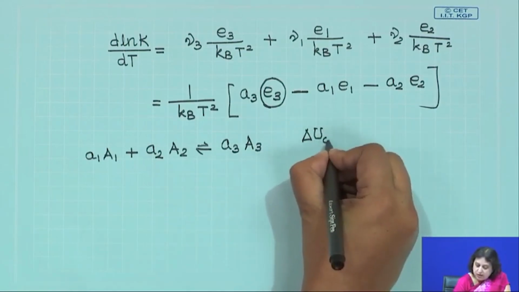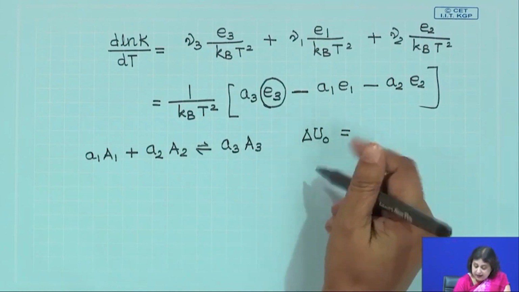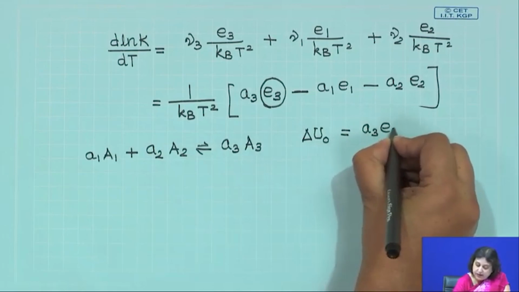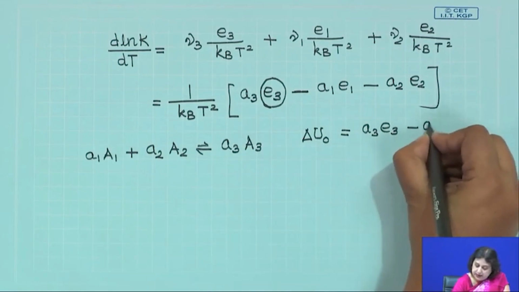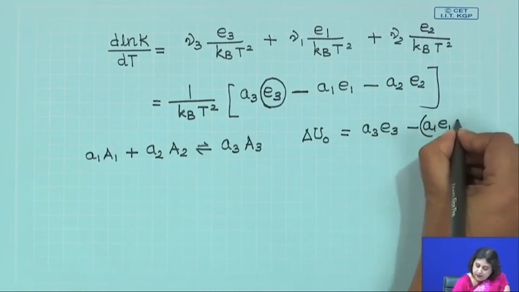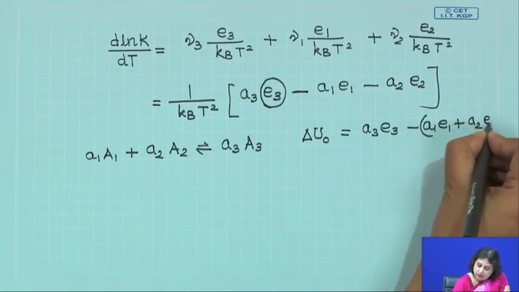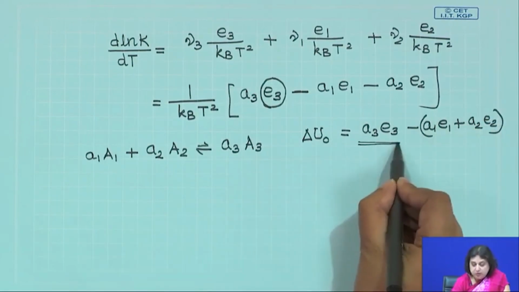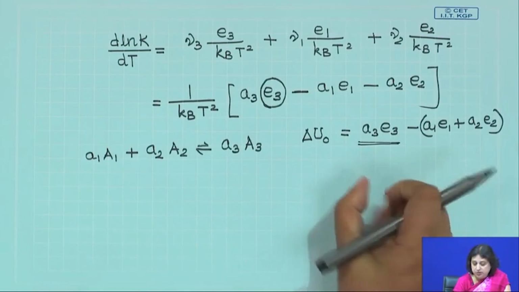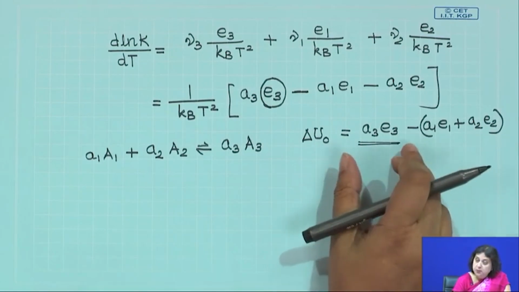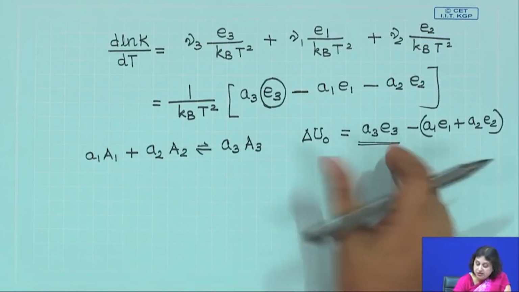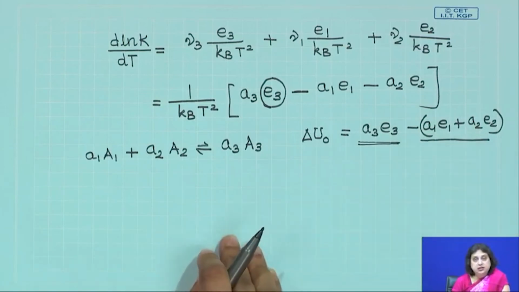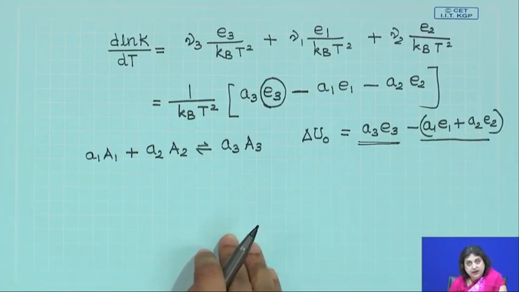Let me call it delta U naught. Then this must be a3 E3 minus a1 E1 minus a2 E2. This is the total internal energy per molecule present after the reaction, and this is the total internal energy present before the reaction.